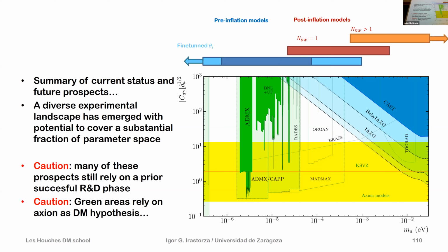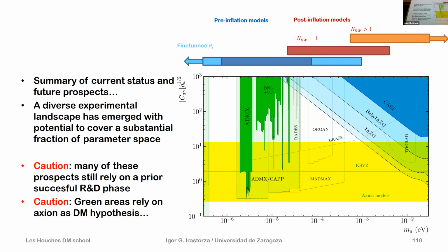And in thinly colored areas are some projections that have been proposed. So you can see that there is quite a big fraction of the yellow band that we have the promise to explore in the future. But as I say here, this needs some caution because some of these predictions are really optimistic.